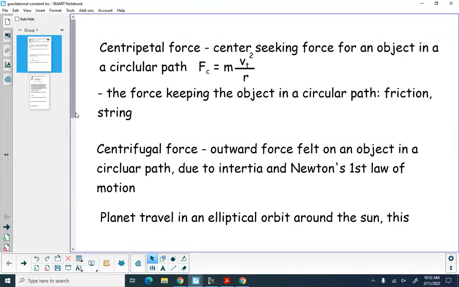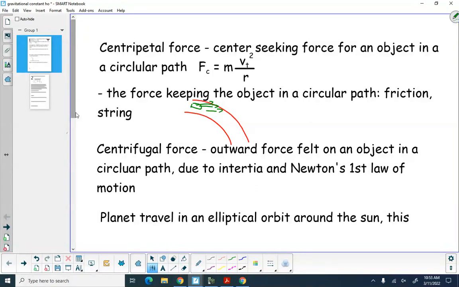When we talk about centrifugal, not centripetal, centrifugal force, it's the outward force felt on an object in a circular path due to inertia. It's the idea of inertia we talked about before. When a car is going around a curve, all the objects sitting in there want to follow inertia, which means they want to continue on in a linear path.